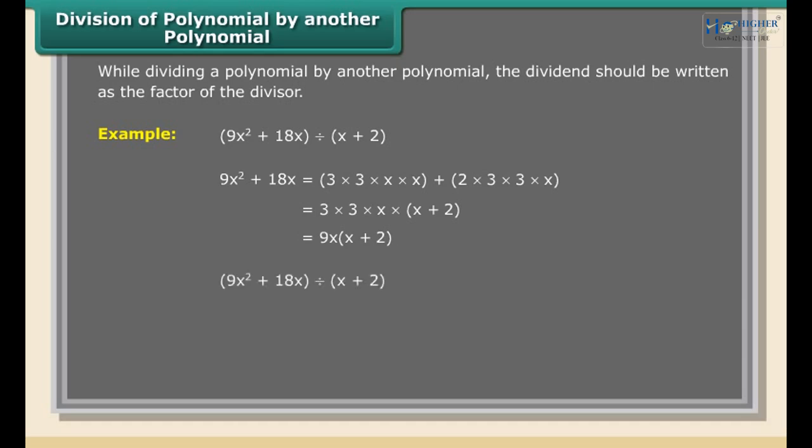So (9x squared plus 18x) divided by (x plus 2) is equal to 9x into (x plus 2) upon (x plus 2), which is equal to 9x. Therefore, 9x squared plus 18x divided by x plus 2 is equal to 9x.